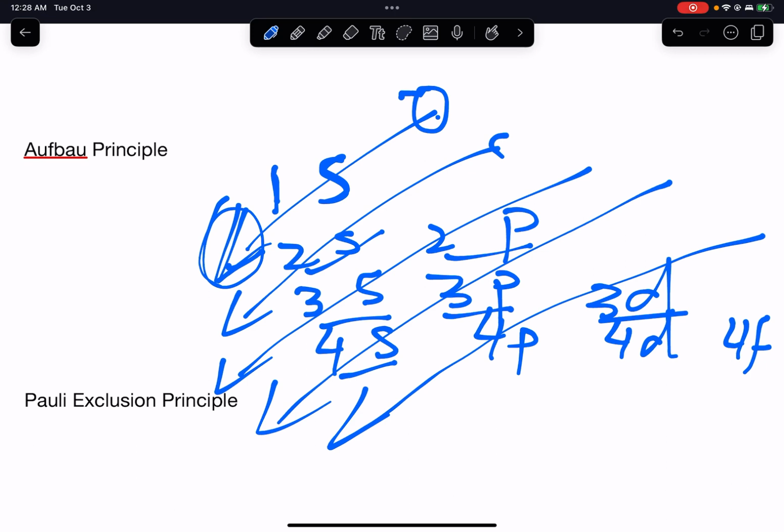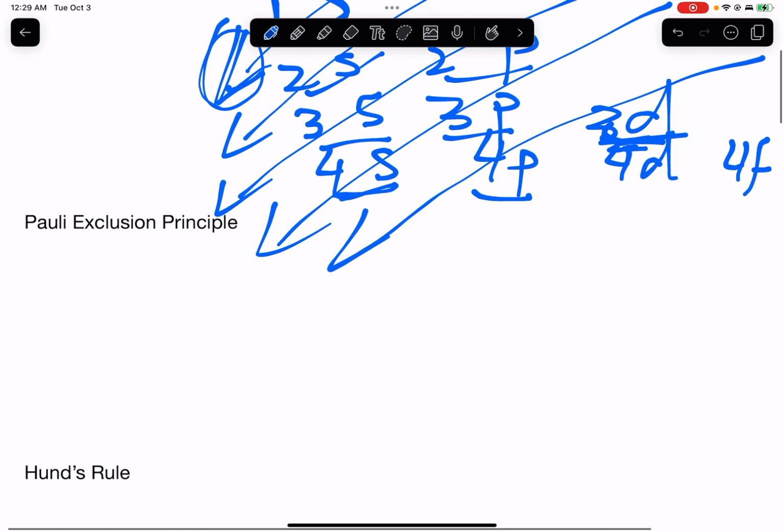Notice that when you turn from 4s into 3d, there's a little difference. You can see here, 3d has more electrons than the 4s, and then later it comes to 4p, and so on and so forth. This tells you which one's larger and which one's smaller, right? It has fewer electrons.